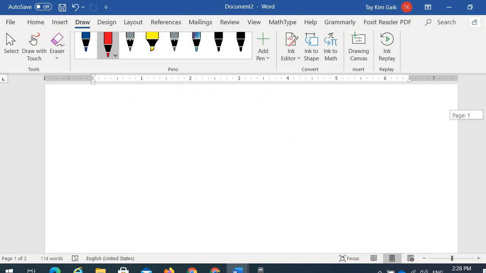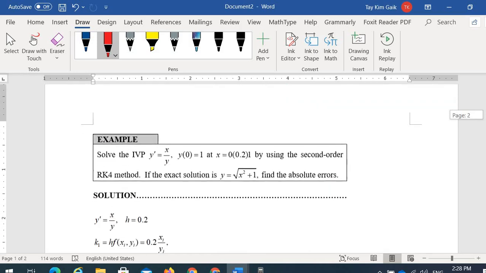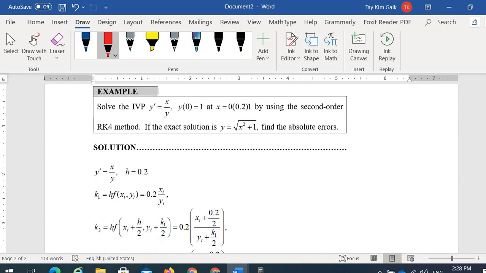For example, look at this one: solve the initial value problem y prime equal to x over y. So the right hand side is f(x,y), where f is x over y. Given y0 equal to 1, it means when x equals 0, y equals 1.